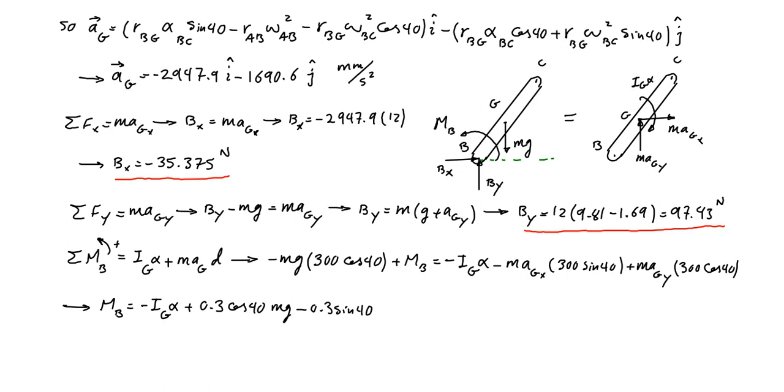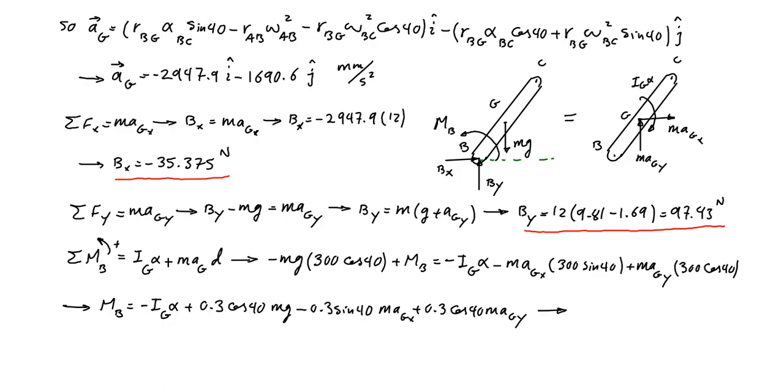This is the component for a G x. A G x is negative, and then we have the positive for the component of y, m a G y. Pretty much this. The rest is just plugging in the numbers.